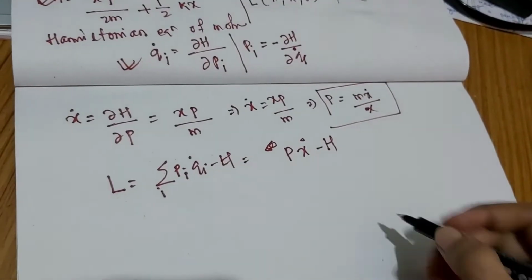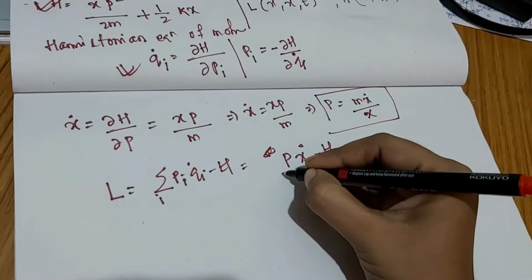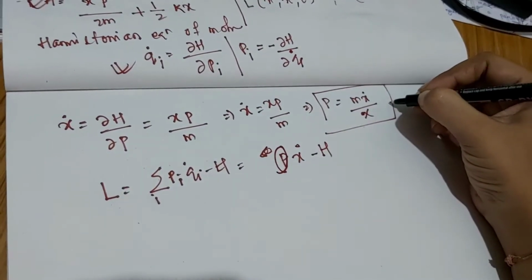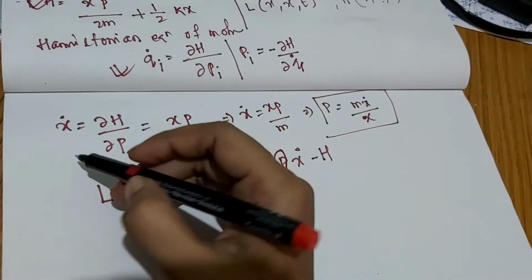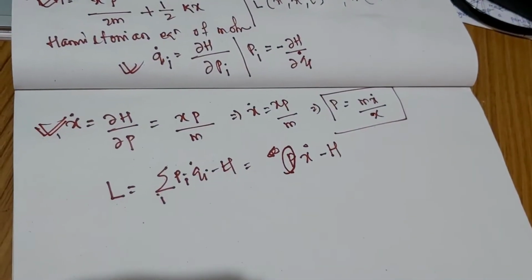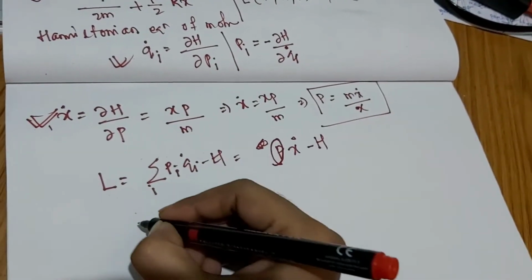That's why we substitute the value of p found from the Hamiltonian equation of motion.